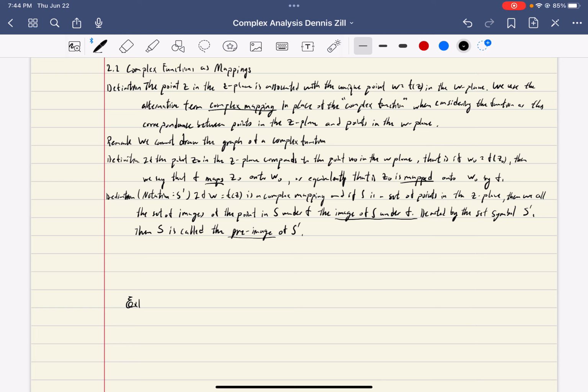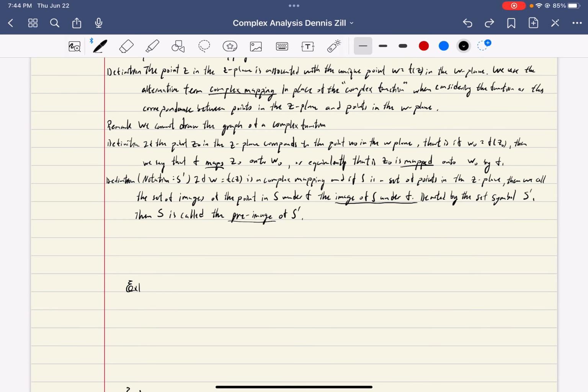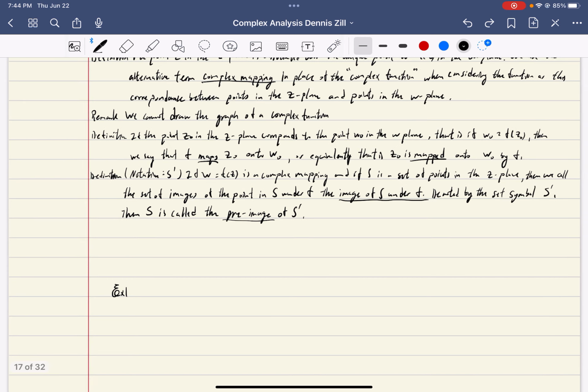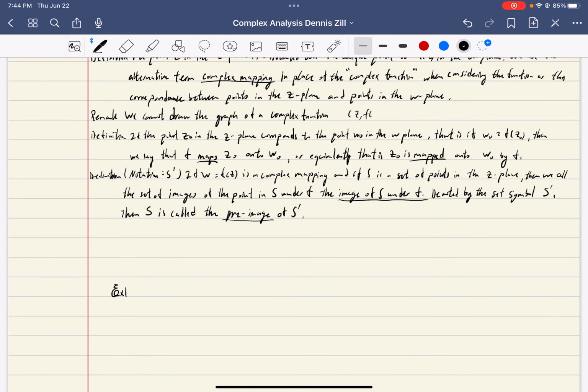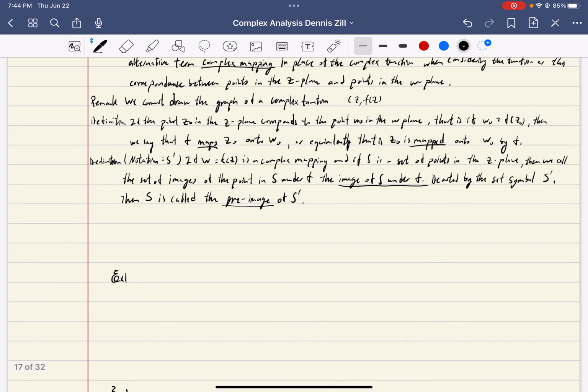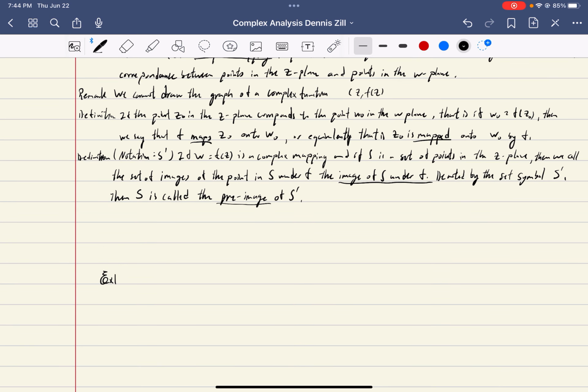It follows that the set of all points in the form z and f of z lies in four-dimensional space, that is 2 dimensions from the input z and 2 dimensions from the output w. Of course, a subset of four-dimensional space cannot be easily illustrated. Therefore, we come to the conclusion that we cannot draw a graph of the complex function.